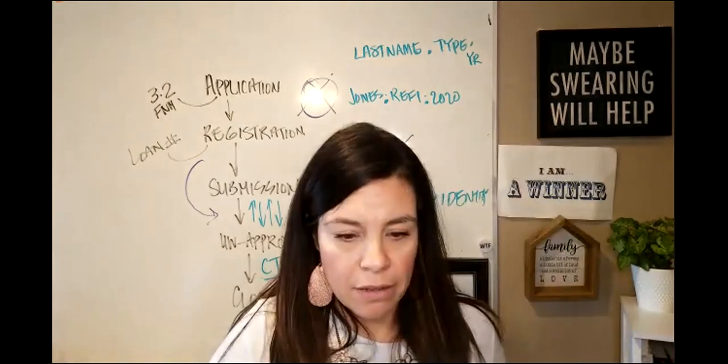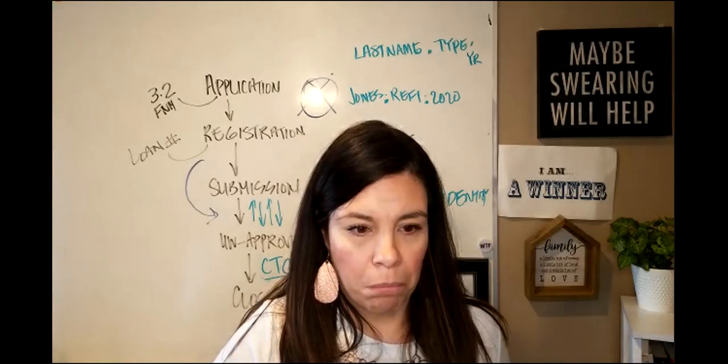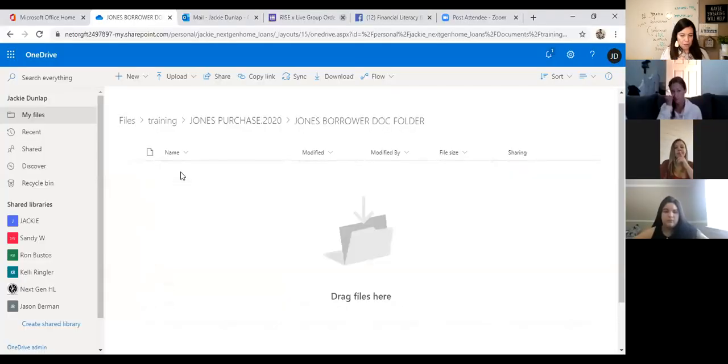When I'm in the borrower folder, okay, so now I'm in here. Let's say the borrower uploaded a bunch of documents. Let me show you. Okay, so like this is our training docs. So you see the name, the type, and then what it is.